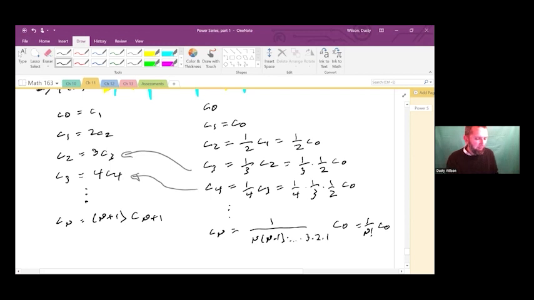So notice every single one of these terms has a C naught in it. So there's a constant factor.